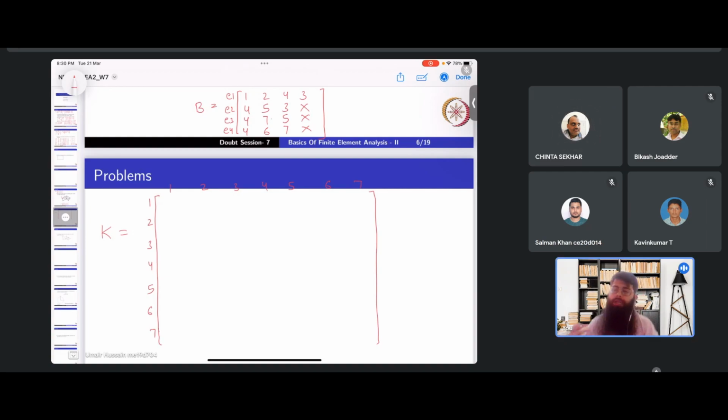Degree of freedom is a better choice of term, since we have not gone through multivariable problems. For now, the number of degrees of freedom is the same as the total number of nodes for us.